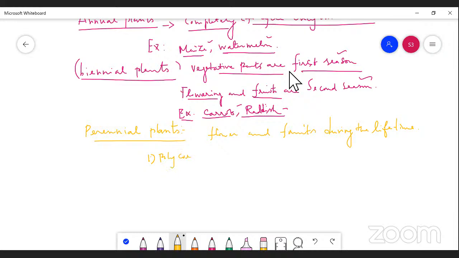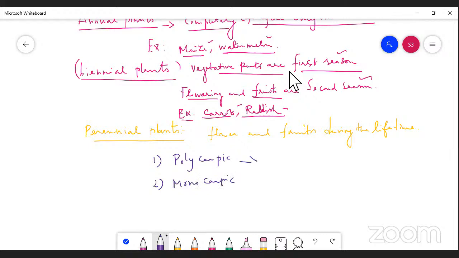First one, polycarpic, and the second one, monocarpic.